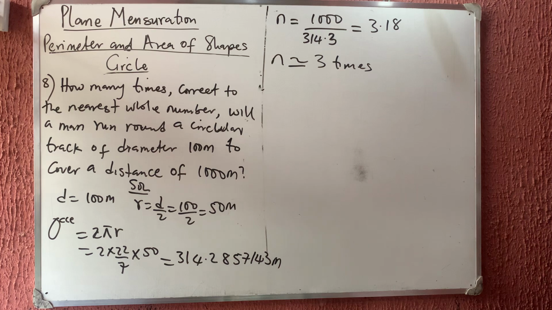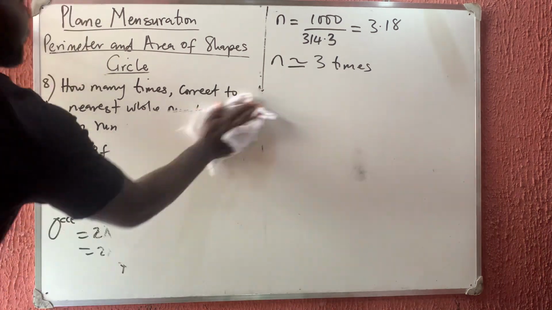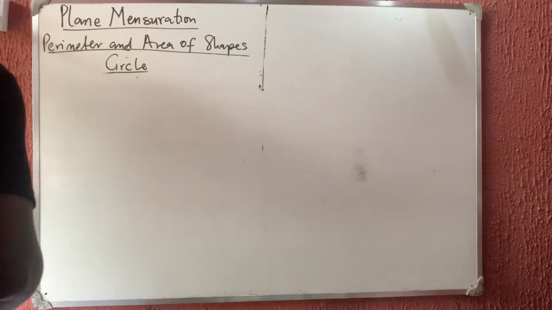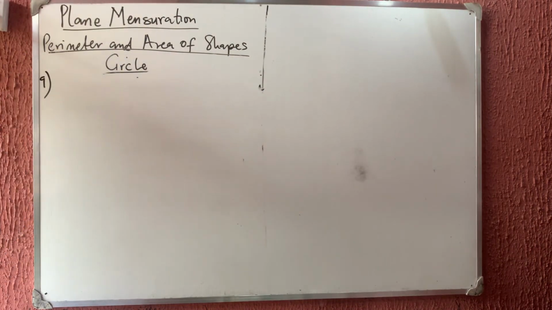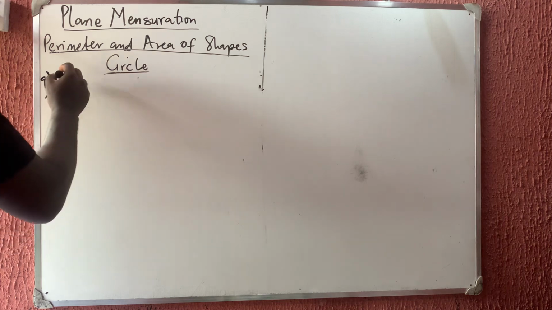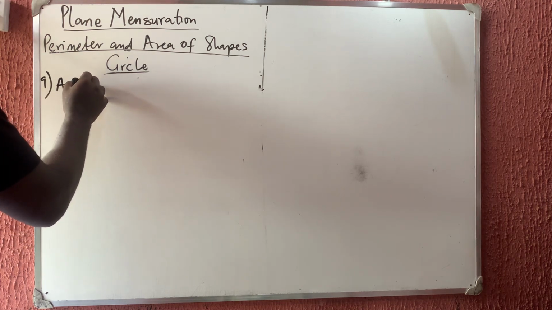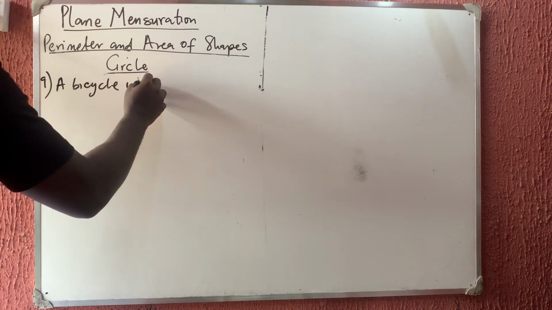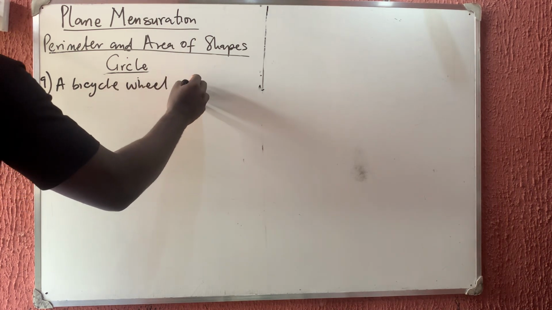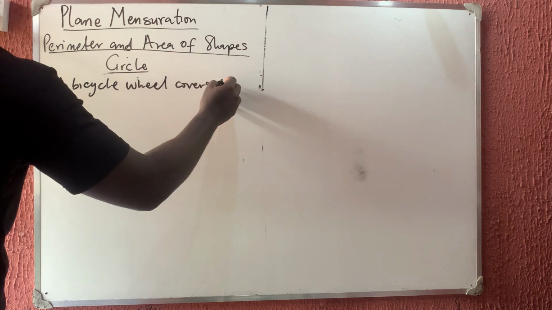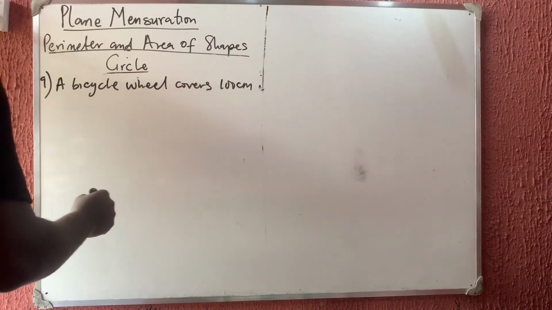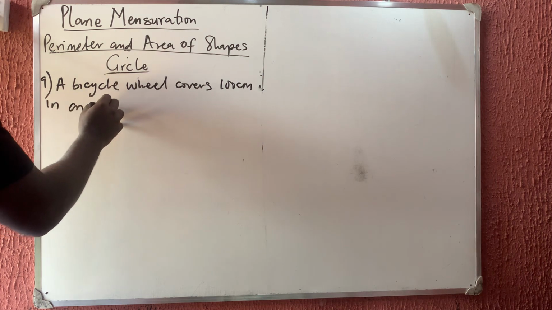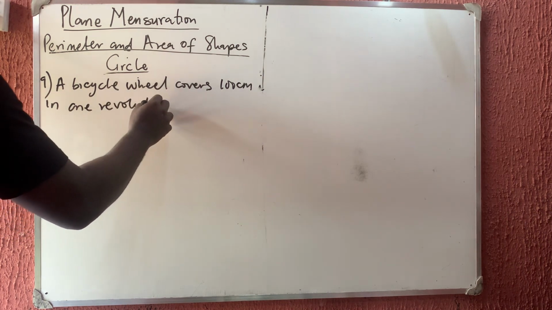Question number 9. Question number 9 said, a bicycle wheel covers 100 cm in one revolution.